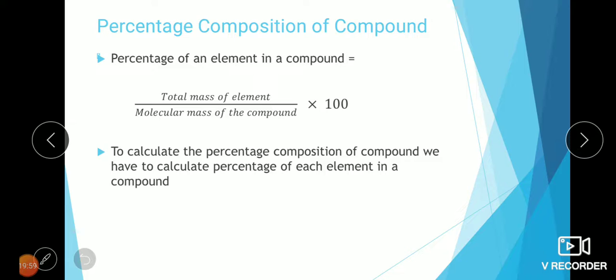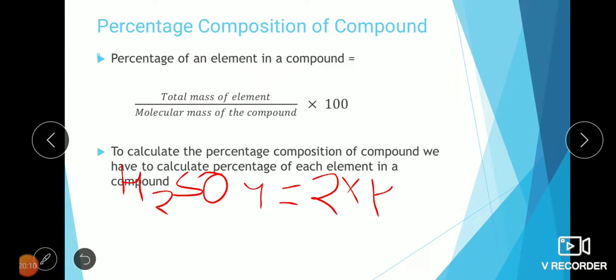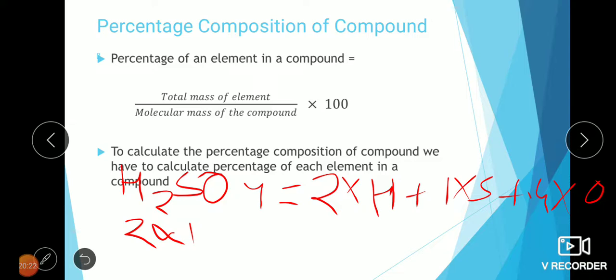Like sulfuric acid, we know that the chemical formula of sulfuric acid is H2SO4. In simpler form, I'll write down 2 into H plus 1 into S plus 4 into O. That is 2 into 1. Again, the second step is much easier. You have to just convert the symbols of the elements into their atomic mass numbers.